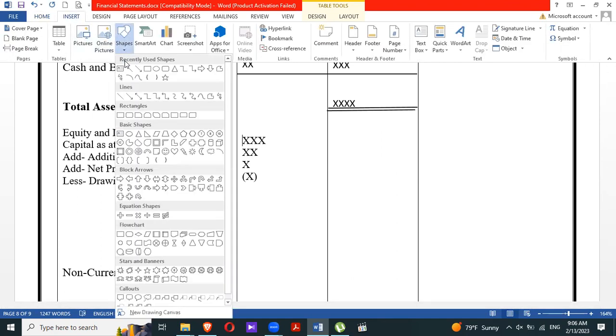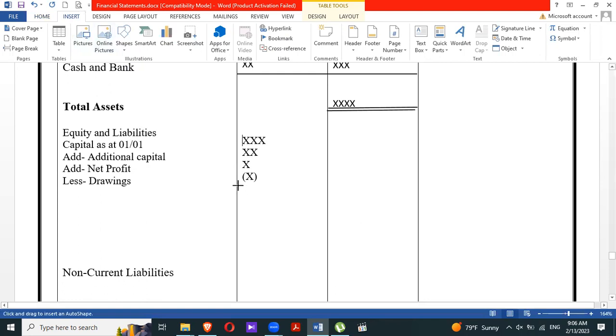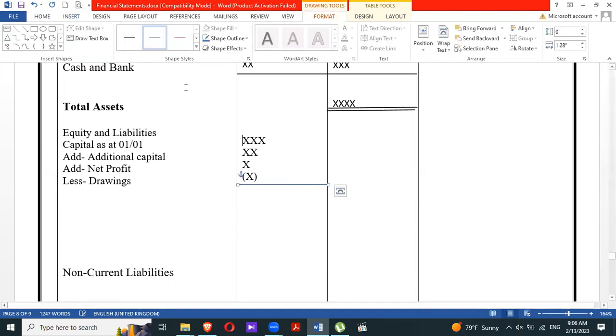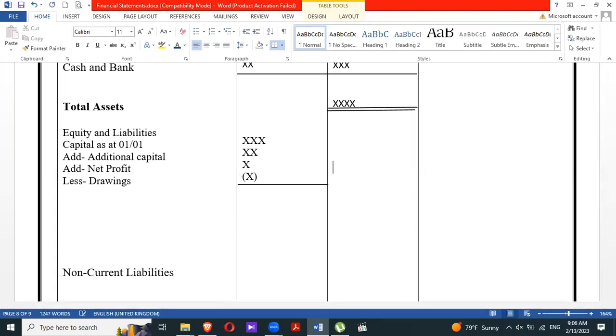Likewise, after recording drawings, you can draw a line like this. Then, to the other side, you can take the closing equity balance. Right? Closing equity, you can record like this.